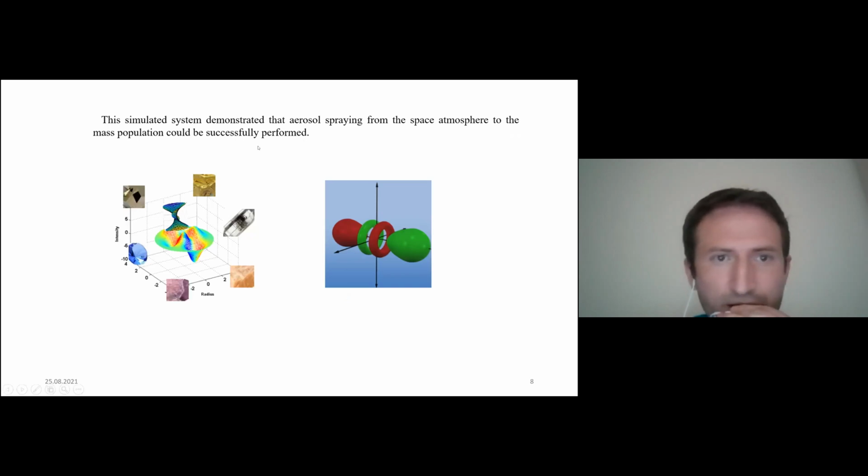And this simulated system demonstrated that aerosol spraying from the space atmosphere to the mass population could be successfully performed. You can see the elemental and periodical 3D platform, radius and intensity mathematical models calculating concave and convex forms, and the coordinate xn in the atomic structures.